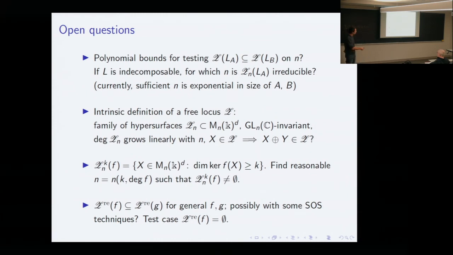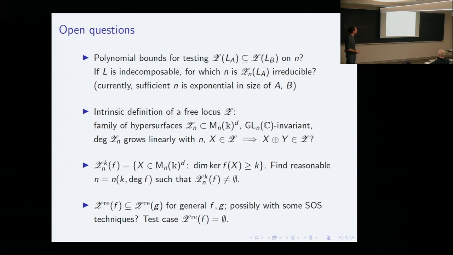I would like to find some reasonable bound on n, so that if I put in high enough n, I'm going to find some point x where f of x has sufficiently large kernel. Again, I don't really have a reasonable bound for that.